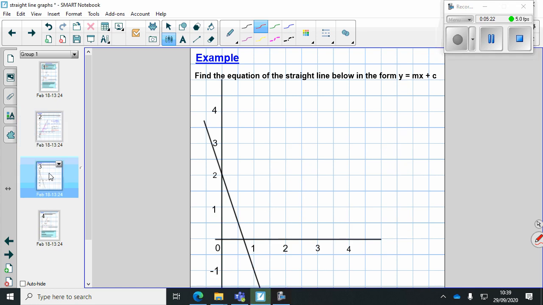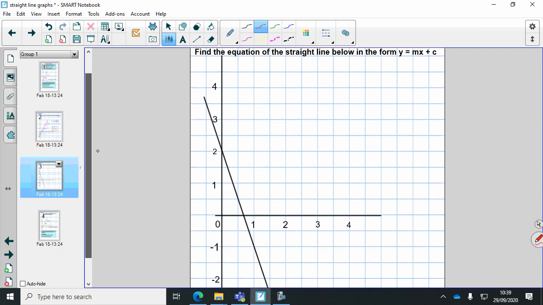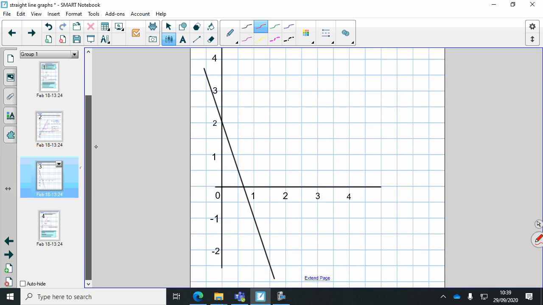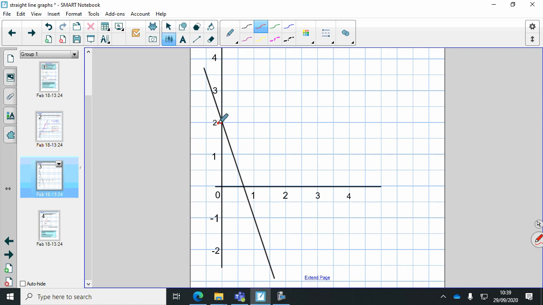Okay, again, find the equation of the straight line in the form y equals mx plus c. So again, we need to pick two points on the line. It doesn't matter which two you pick. I'm going to pick this one here and this one here.